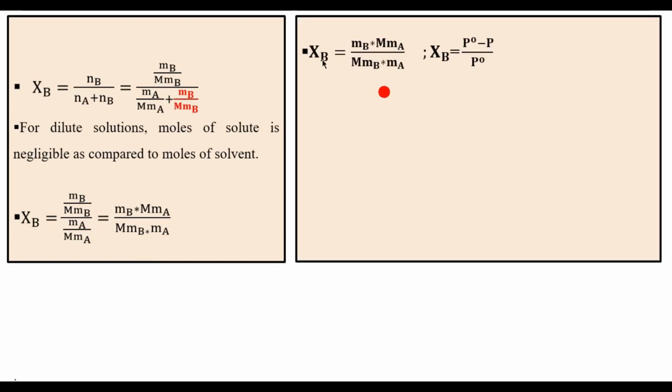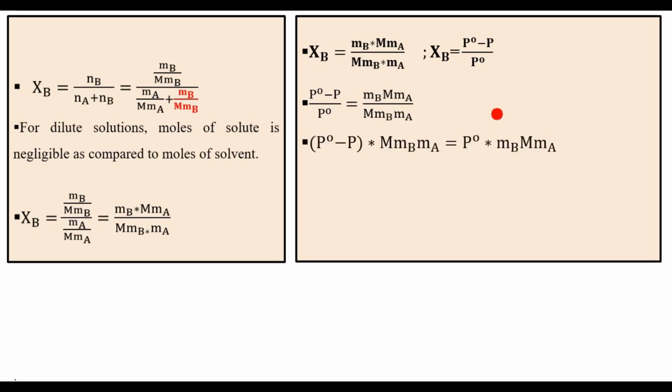We have the formula that we got right now. We have also the one we have derived to calculate the mole fraction of solid in terms of the vapor pressures. Then we can equalize the two formulas. After equalizing the two formulas, we can determine the MMB, which is the molar mass of the solid.